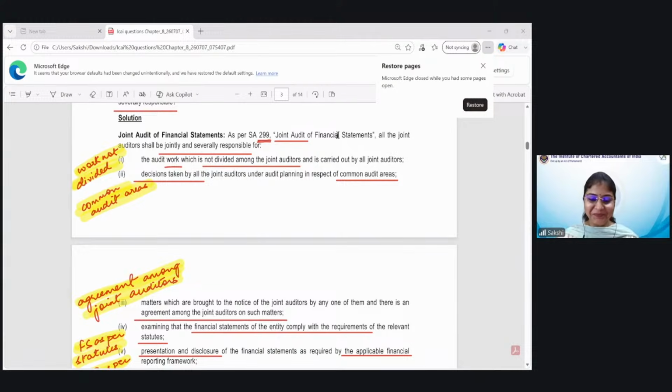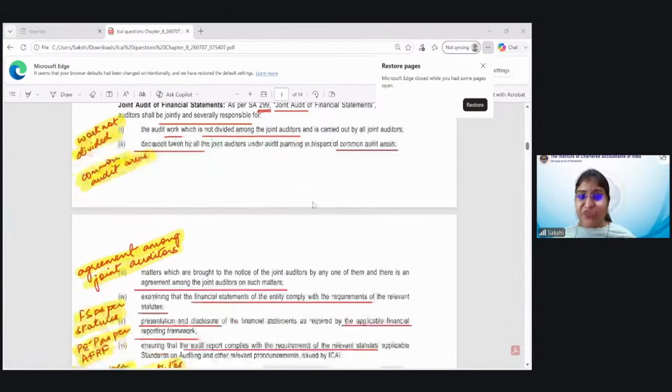Okay, so as per SA 299, joint audit of financial statements, all the joint auditors shall be severally and jointly responsible for what? For the work which is not divided. That is, the audit work which is not divided by the joint auditors and is carried out by all the joint auditors.